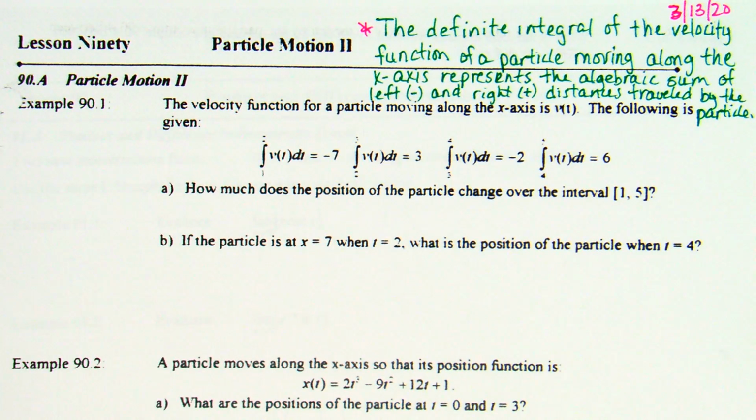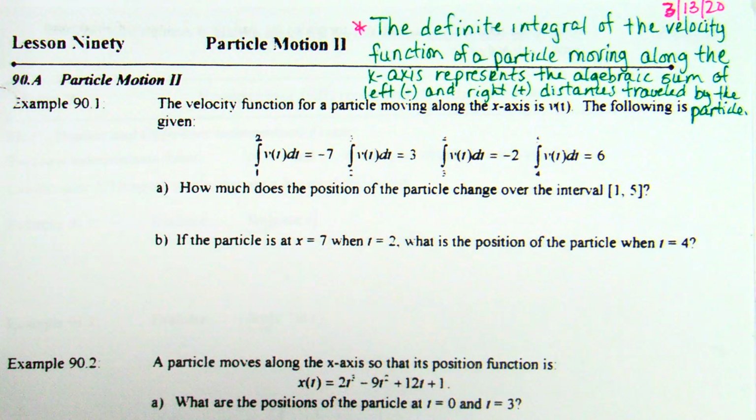Okay, so as we look at this first example, the velocity function for a particle moving along the x-axis is v of t. The following is given. I'm going to have to rewrite these numbers in because I can't read them. The first one is the integral from 1 to 2 of v of t dt is negative 7.